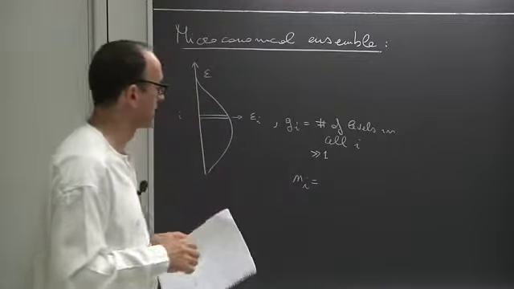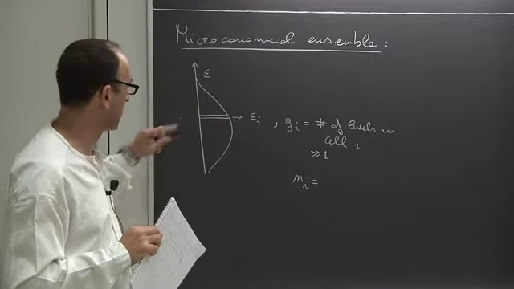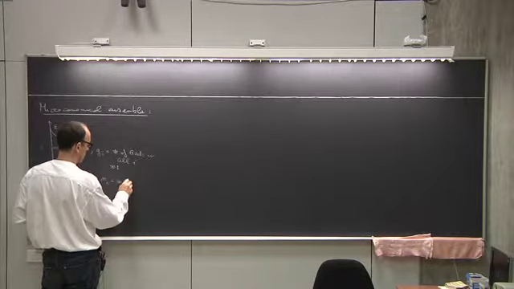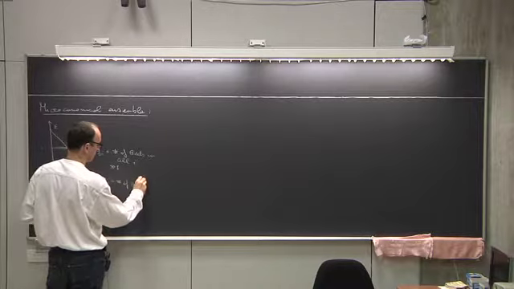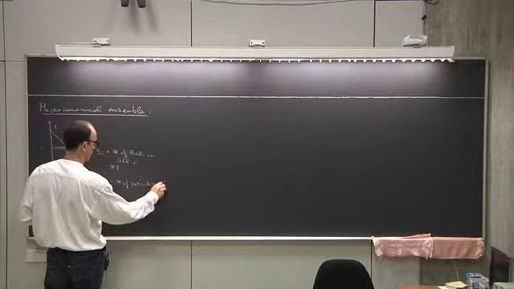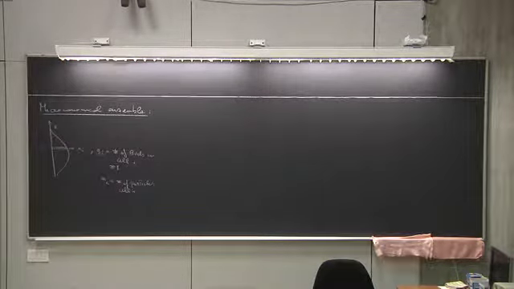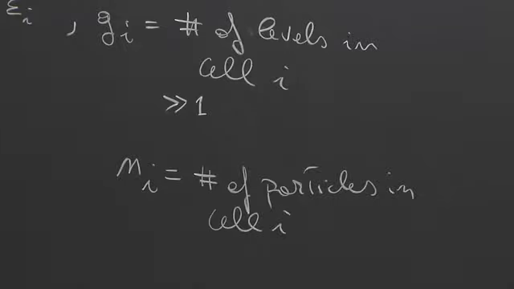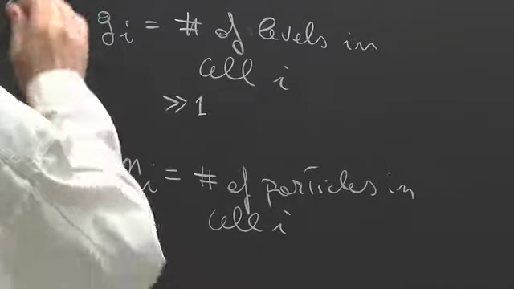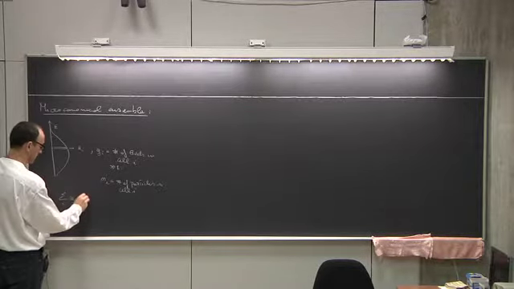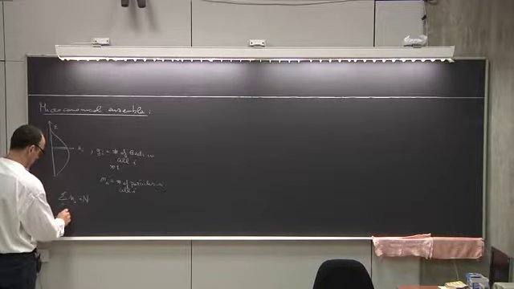The number of particles which will be in the cell i will be denoted by N_i, and this number of particles N_i in the microcanonical ensemble has to satisfy the condition that if I sum over all the cells, N_i should be equal to the total number of particles.